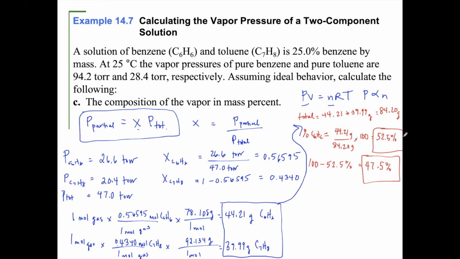Remember that if you're comparing substances and trying to determine which one's going to have a higher vapor pressure, that usually corresponds to the one that vaporizes more easily, right? Because it's more likely to be in the gas phase. So because a greater proportion of this gas mixture is made of benzene, it likely indicates that benzene is the more volatile substance.